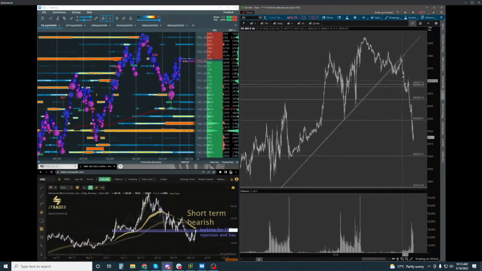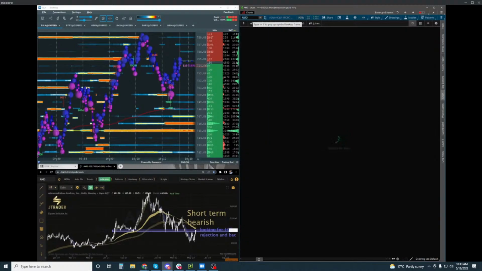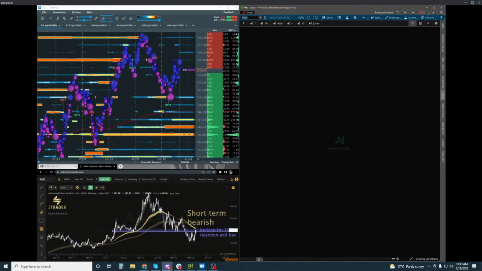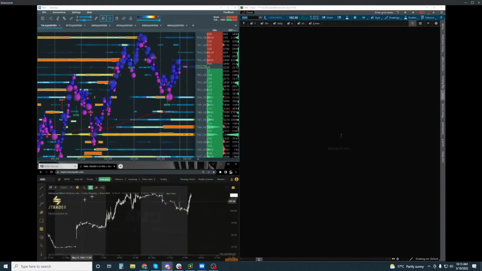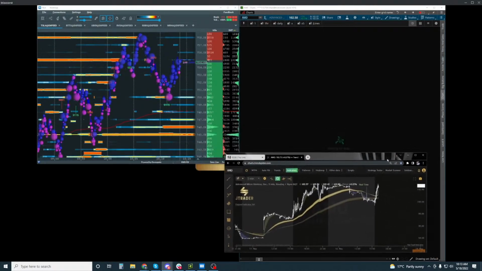Not everything was fading like ES this morning. For example, we had AMD that just dipped and then started to bounce. AMD these days had a pretty high relative strength. It started to dip this morning, and then AMD started to push.